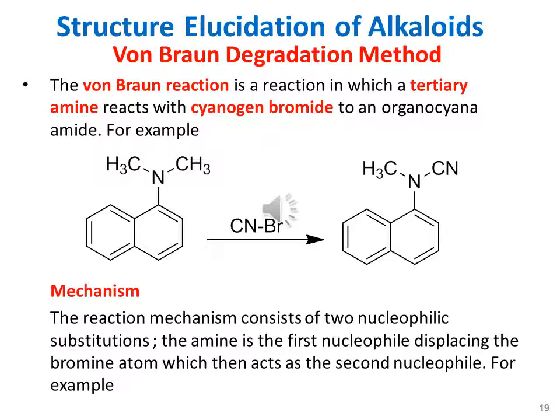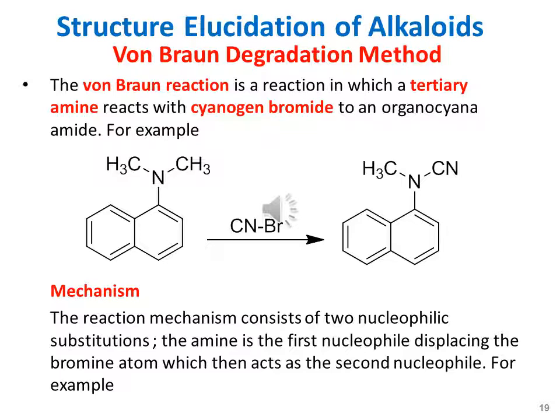The von Braun reaction is a reaction in which a tertiary amine reacts with cyanogen bromide to give an organocyanamide. For example, when N,N-dimethyl alpha-naphthylamine is made to react with cyanogen bromide, a cyano-substituted secondary amine is produced.